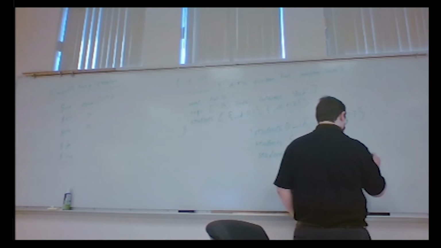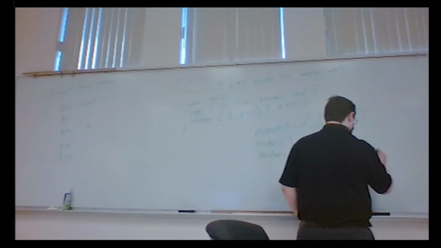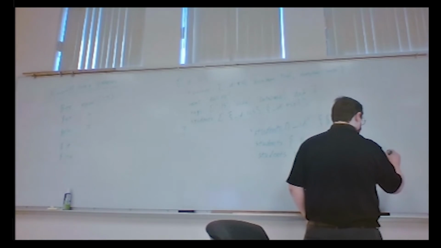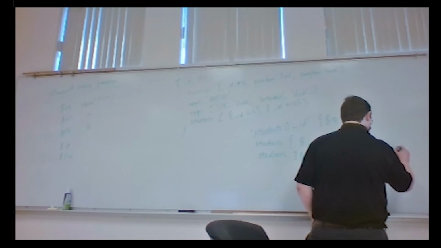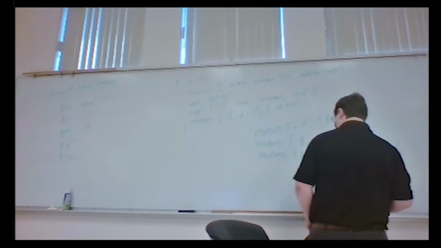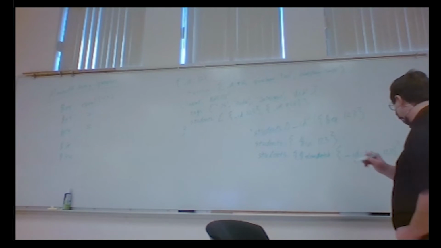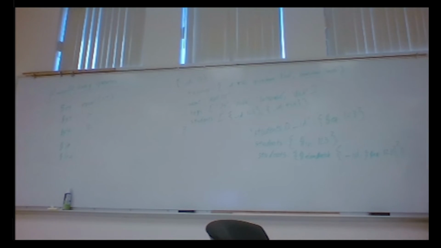Underscore ID equals 1, 2, 3. And I think I've closed all those out. So you say students, element match, here are my conditions for the subdocuments within that array. And I say, hey, I want something with an ID of 1, 2, 3.